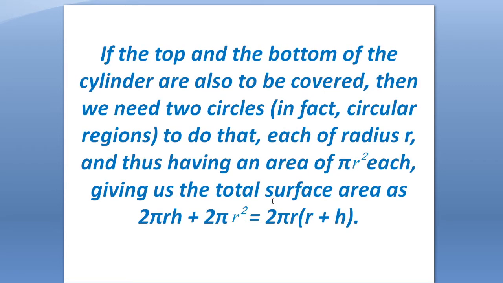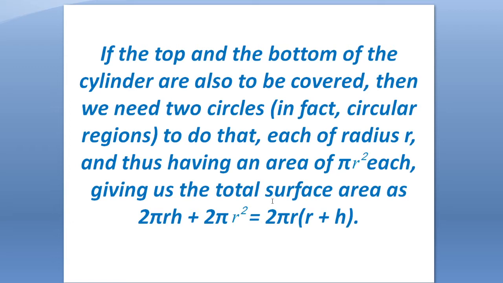So, if the top and the bottom of the cylinder are also to be covered, then we need two circular regions, each of radius r and thus having an area of pi r square each.